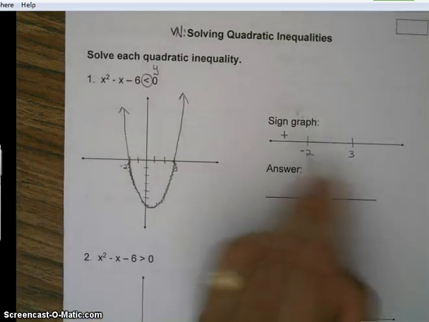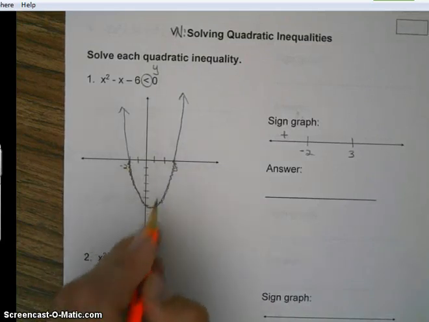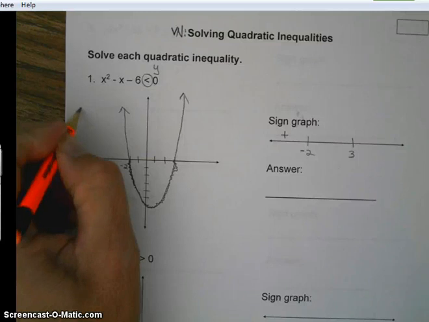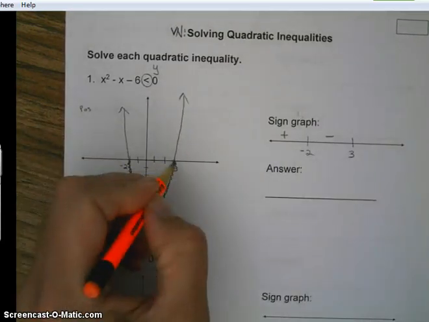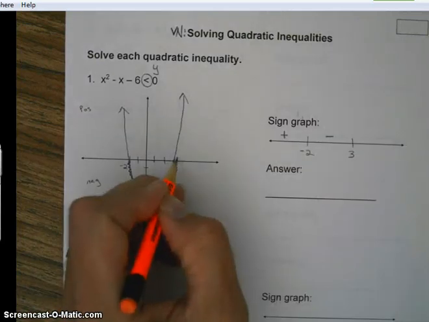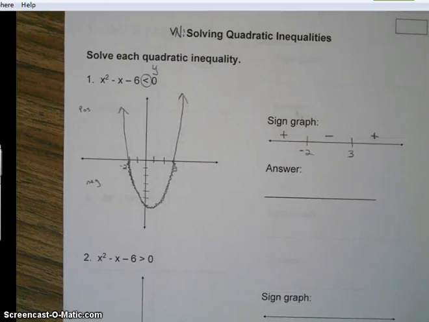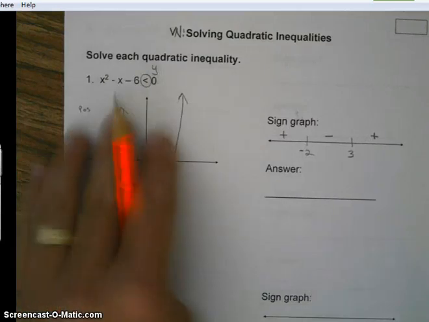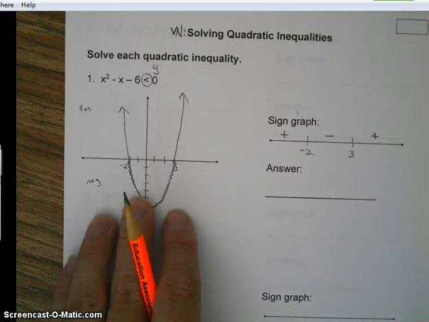Between negative 2 and 3 the graph is negative. Up here we have the positive, and to the right of 3, again we have positive. That's a sign graph that tells us the sign of our function. Positive above the x-axis, negative below.